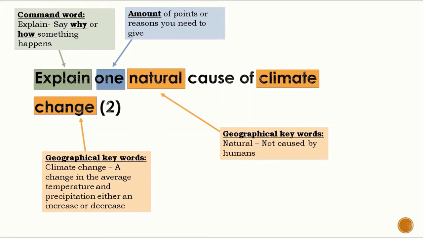So we've been through what each of the sections of this question means now. What we're going to do, we're going to have a go at answering these questions using all of this information. So on your worksheet, you should have the question written out. If it helps you, you can annotate around that question now, add anything in that's going to help support you when you come to write an answer to this question.